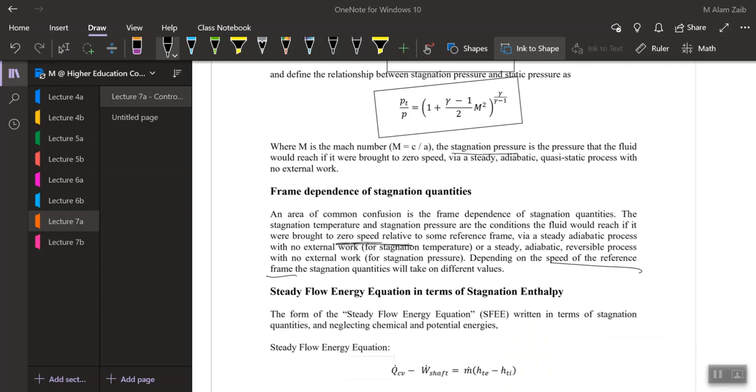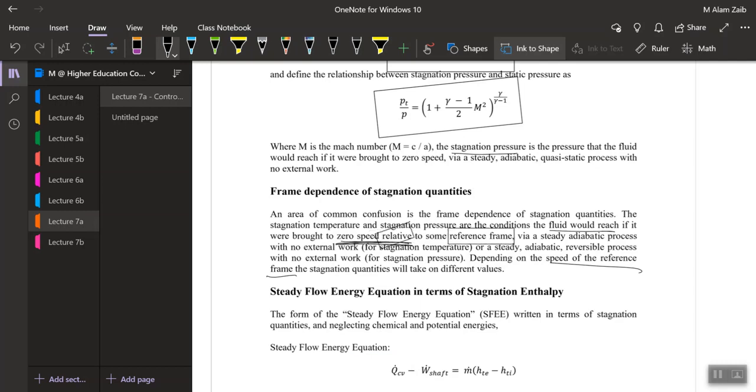An area of common confusion here is the frame dependence of the stagnation quantities. The stagnation temperature and stagnation pressure are the conditions the fluid would reach if it was brought to zero speed, and that is relative to some reference frame.